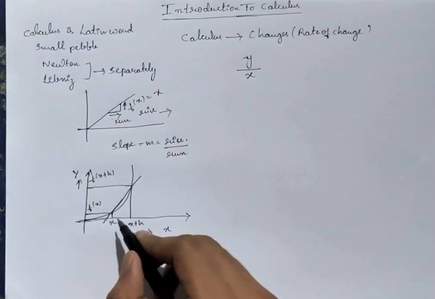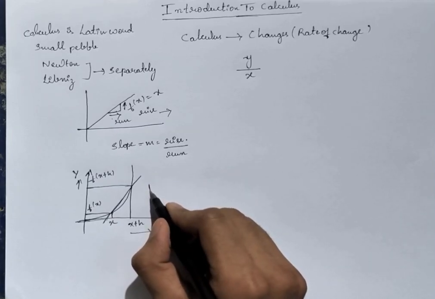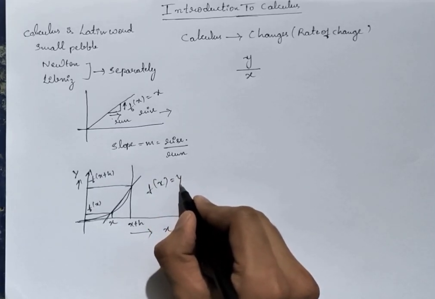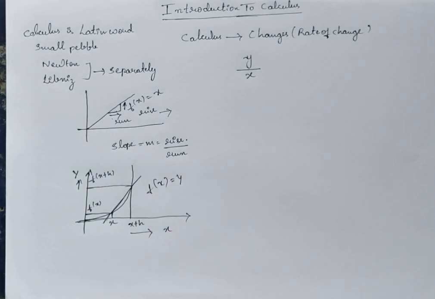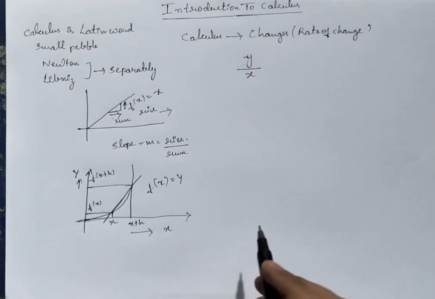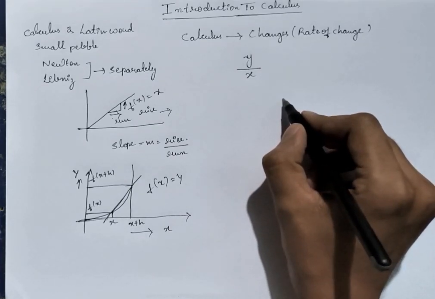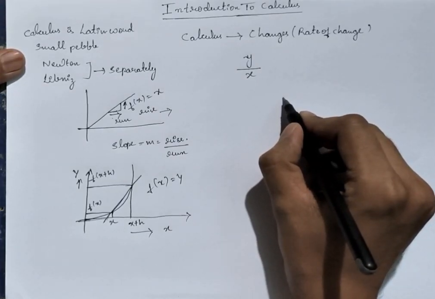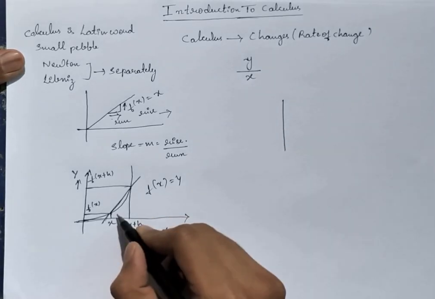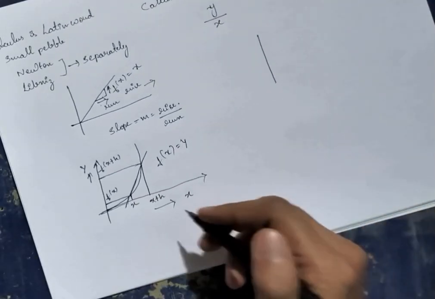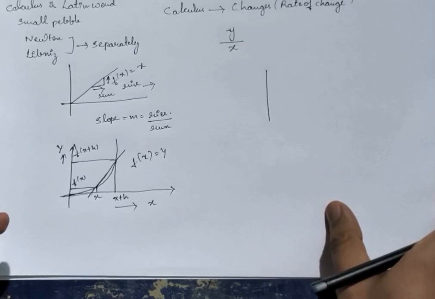So consider this graph. There is some arbitrary function f of x equal to y. What is the slope of this function? Here we have to consider the slope of this curve. What actually is the slope of this line?